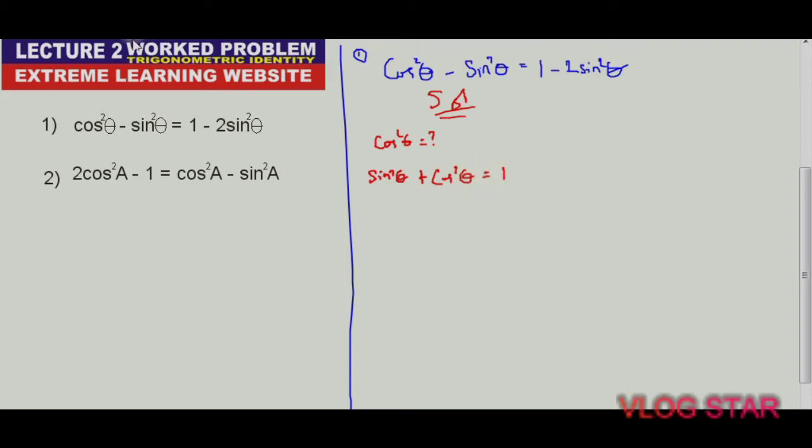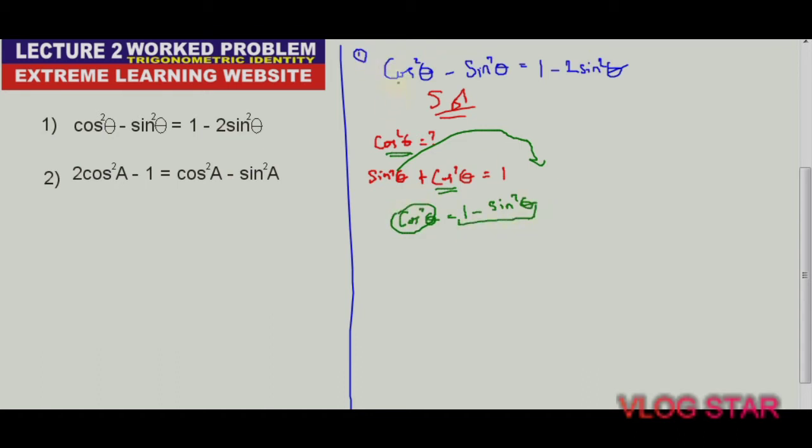So the question I ask is, what is cos square theta? We make cos square theta the subject of the formula. This cos square theta will be equal to 1, then move this sine square theta to this side. It will be 1 minus sine square theta. So cos square theta is equal to 1 minus sine square theta. That is what I want here.